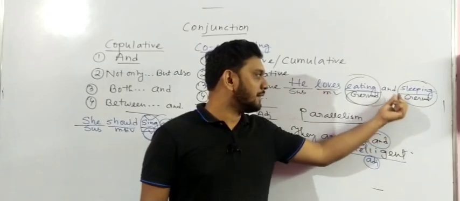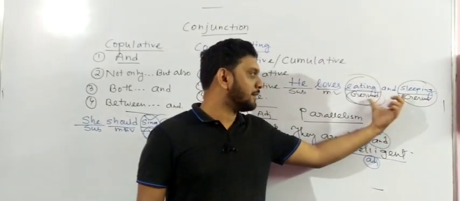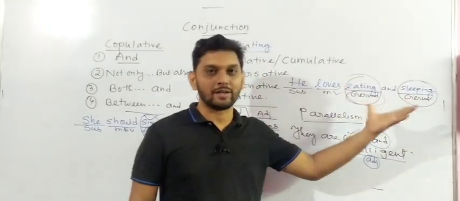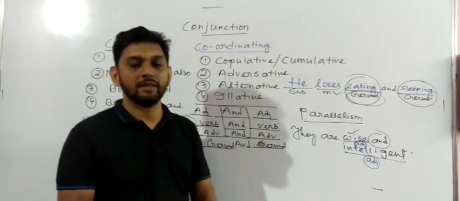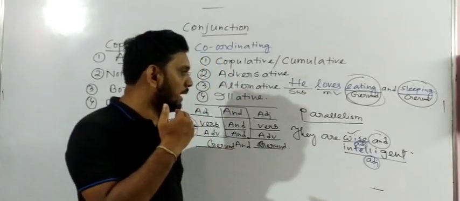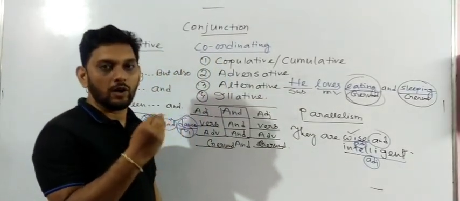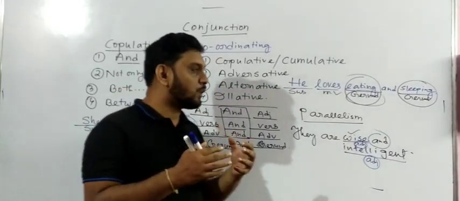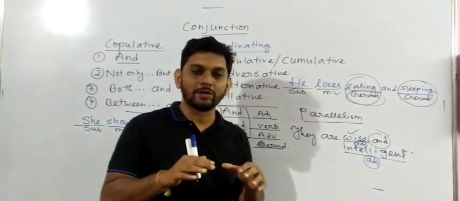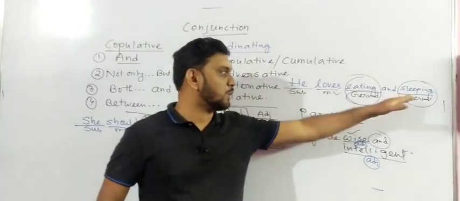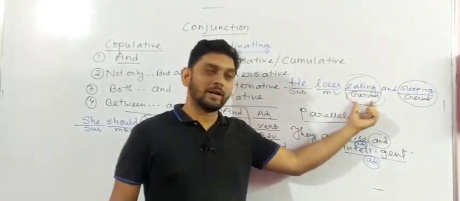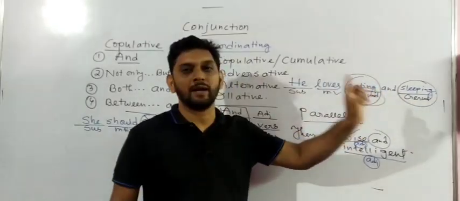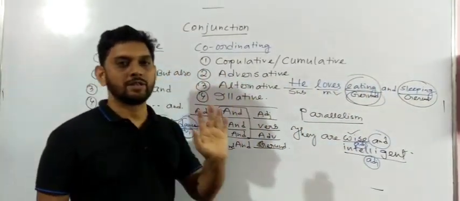So you have seen that these words are connected by "and", and both words are gerunds. This is a very amazing thing. That means we need to maintain the order of this parallelism, or we should understand the equal grammatical function of these words, because if this word is a gerund, that word should be a gerund, because both of the words are connected by the copulative coordinating conjunction "and".